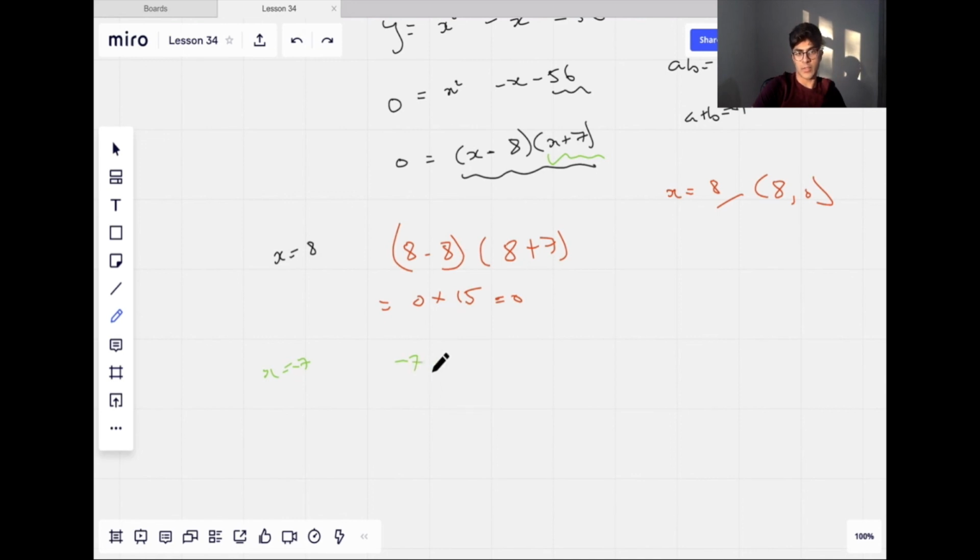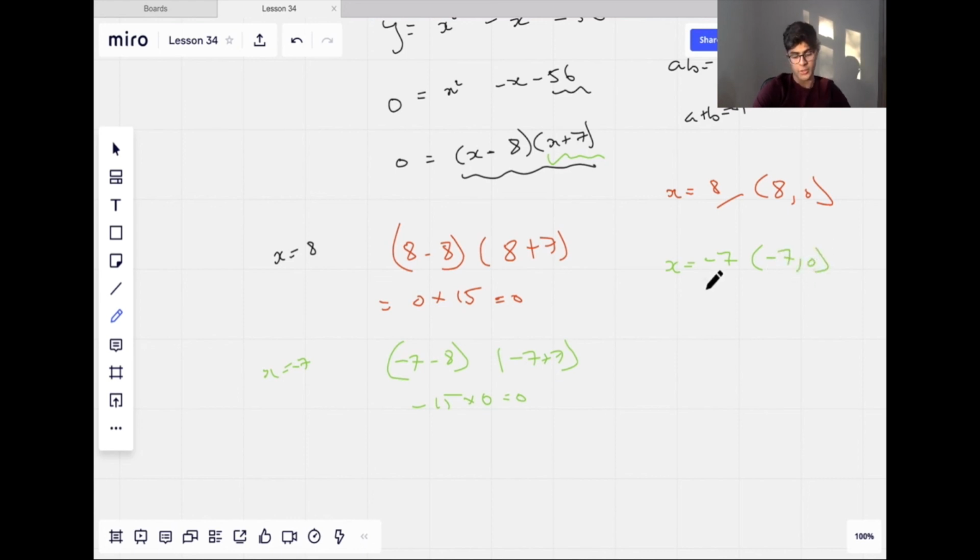We have minus 7 minus 8 times minus 7 plus 7, which is minus 15 times 0, which is just 0. So with factorization, when you have it in this form, if one bracket comes out to 0, then the whole thing will be 0 because it will be 0 multiplied by some number. Same thing with the other bracket. So the two roots are when x equals 8, and the other one is when x equals minus 7.